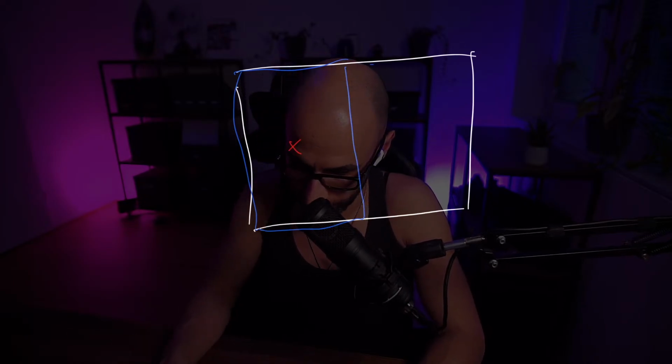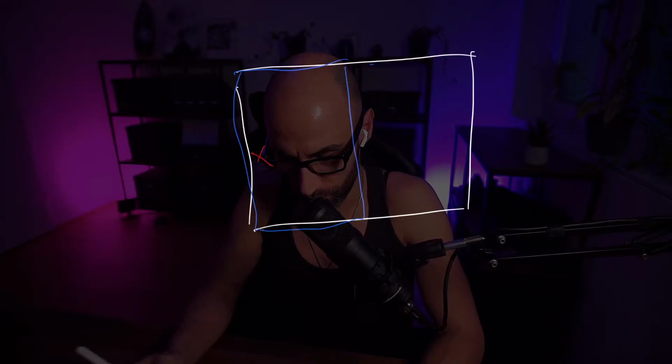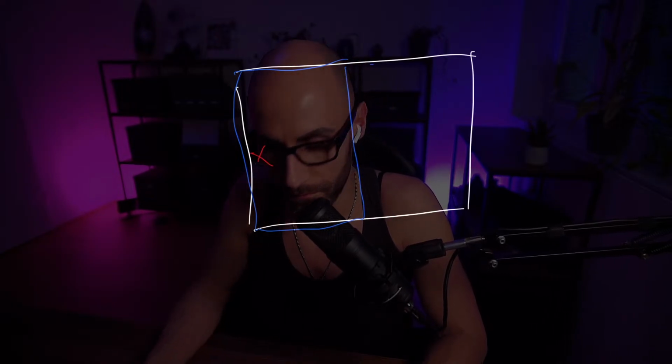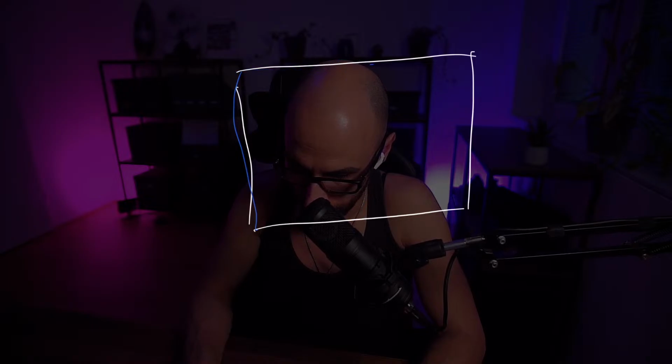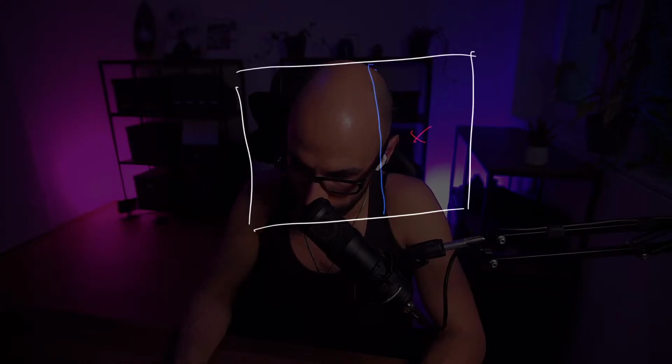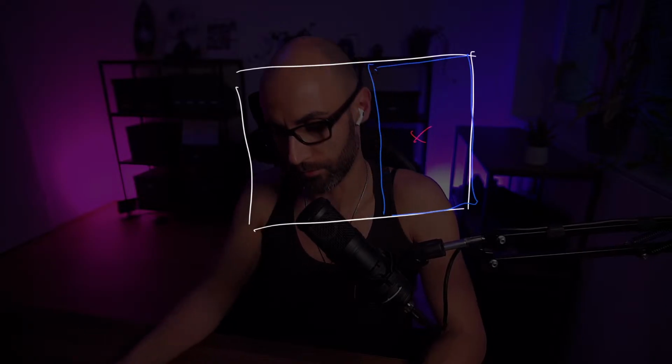So if X would be on that side, it would still be in the image, and if it's on the right somewhere there, and we define our output, it would focus on that area.